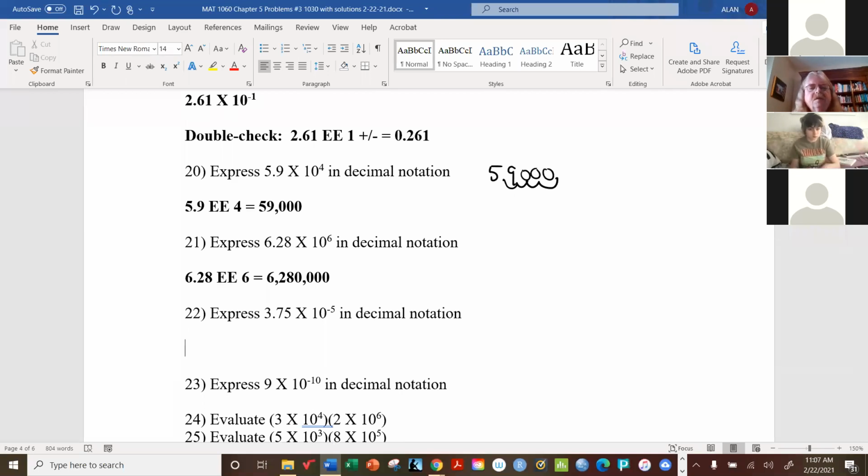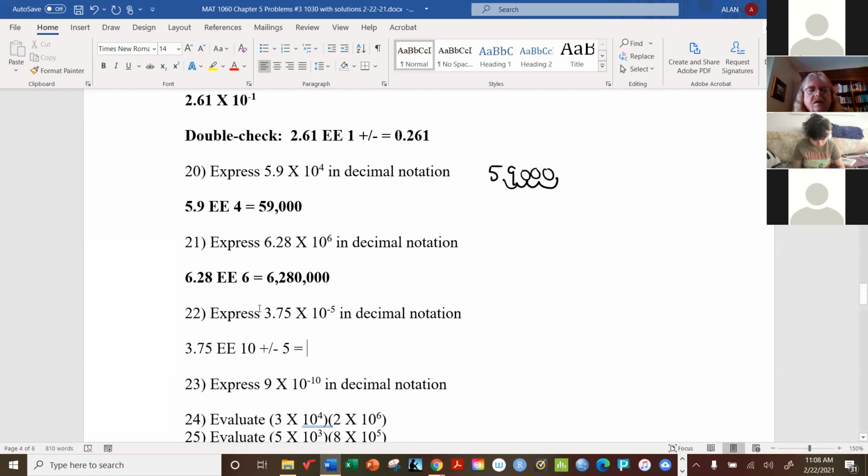And then we've got just again 3.75 EE. Just make sure that you use this negative sign correctly. And don't forget the equal sign. And you should get 3.75 EE. Oh, wait a minute.